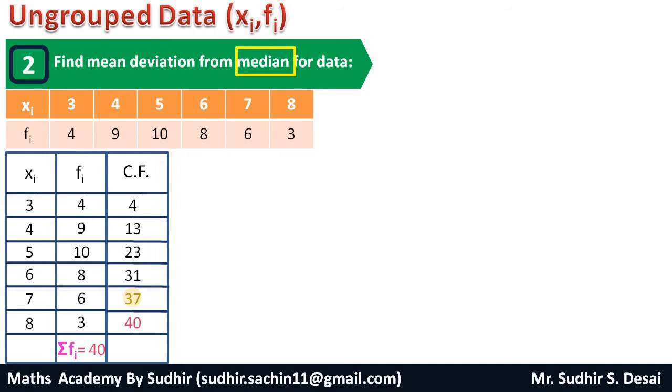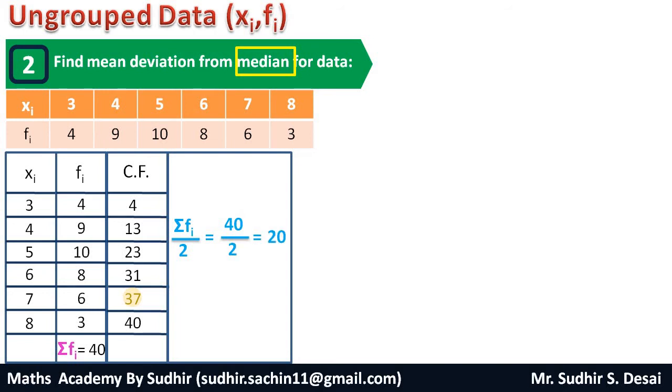Now next important point is to find summation fi divided by 2. Now what is the value of summation fi? It is 40 divided by 2, which is equal to 20. Now this is the important factor.